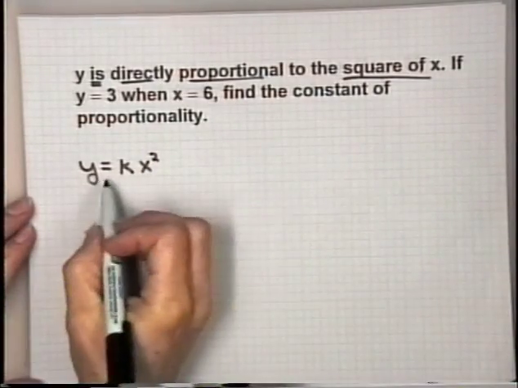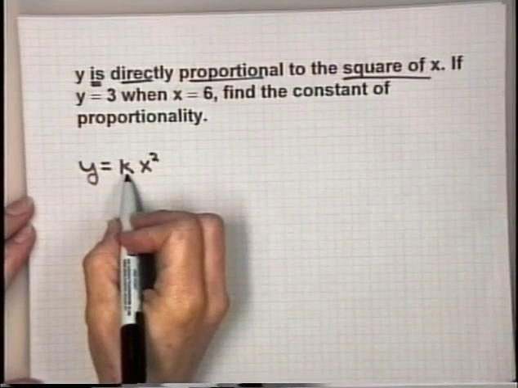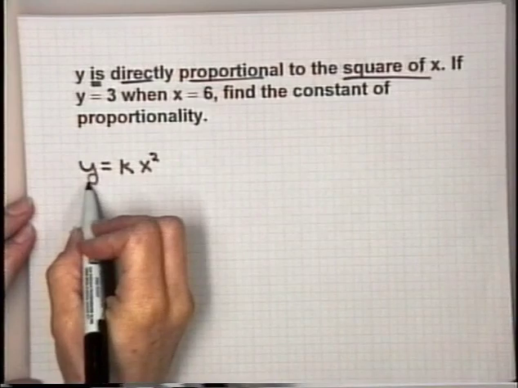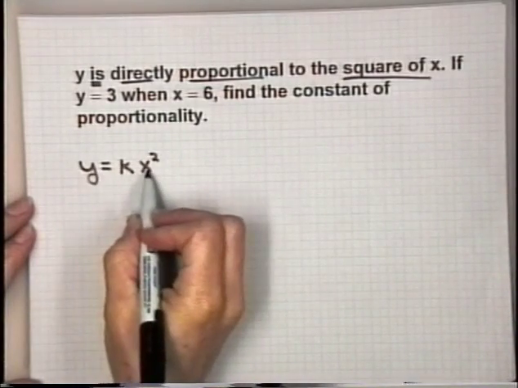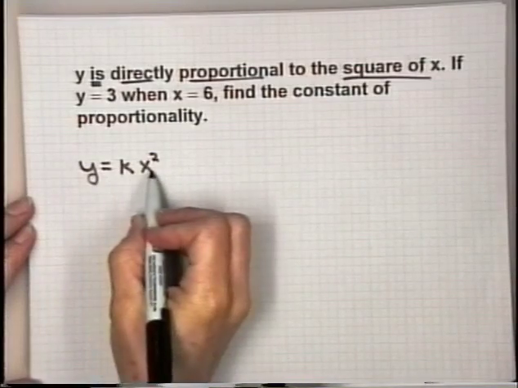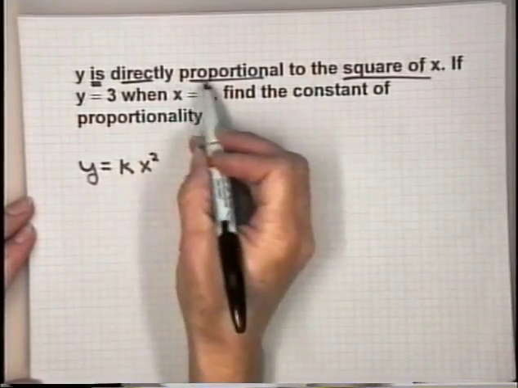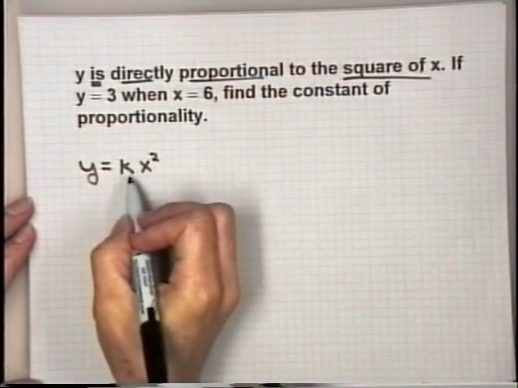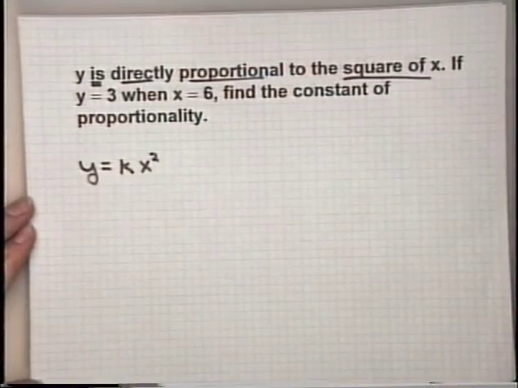So I know my equation should be y equals some constant k times x squared. Y varies directly as the square of x, or y is directly proportional to the square of x. This idea of varies directly or is directly proportional to is what tells us to have that constant of proportionality there.